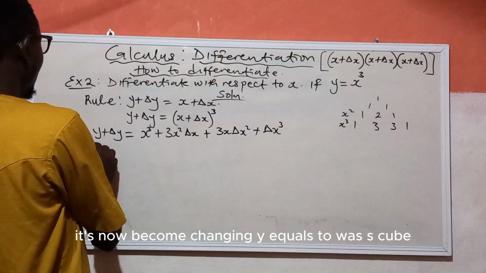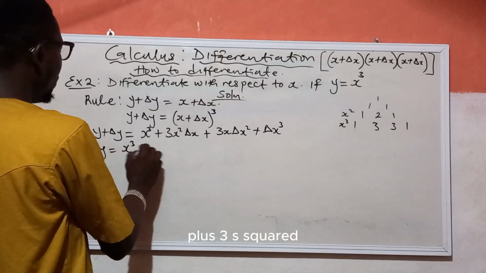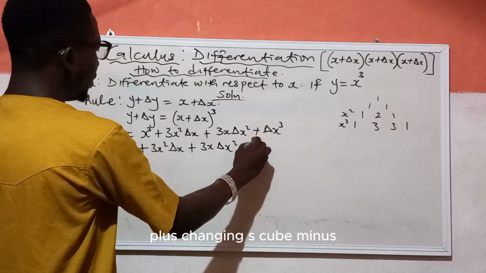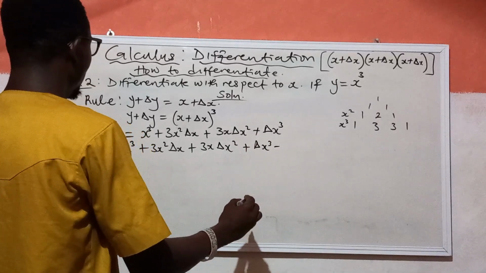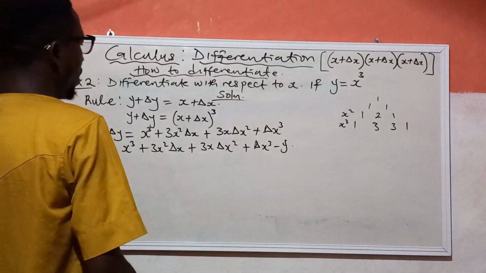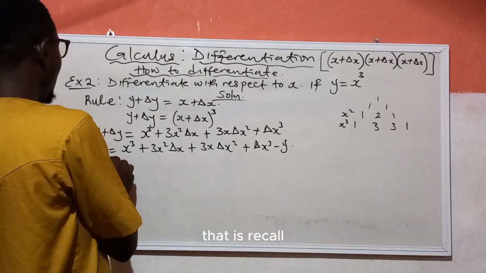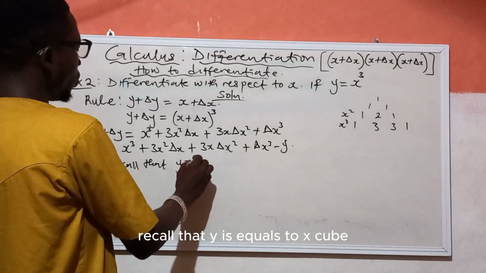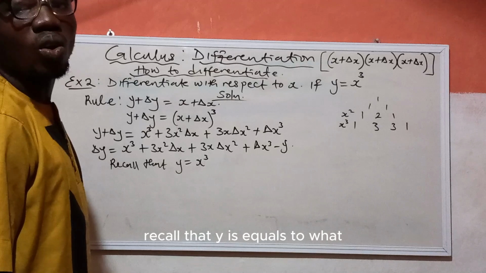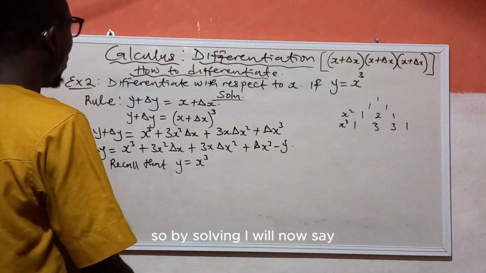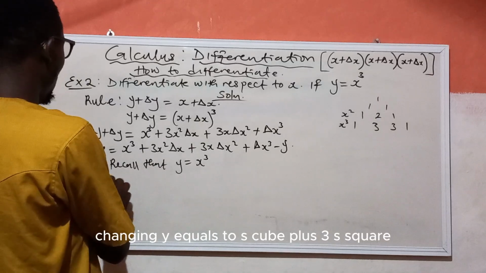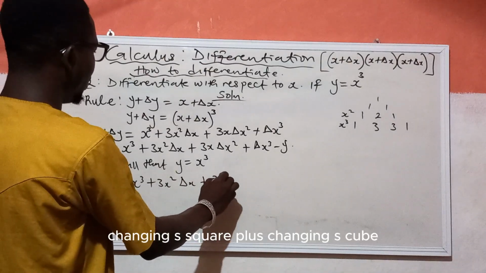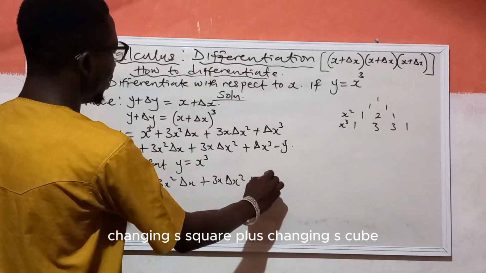So it now becomes change in y equals x cubed plus 3x squared change in x plus 3x change in x squared plus change in x cubed minus y. Recall that y is equal to x cubed.